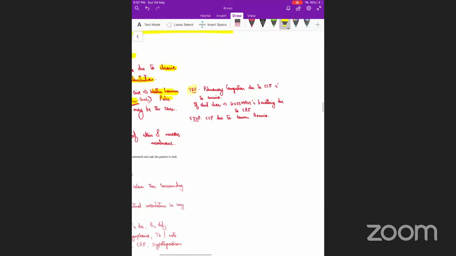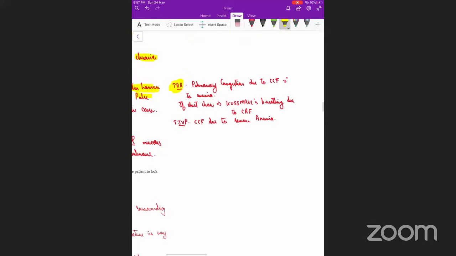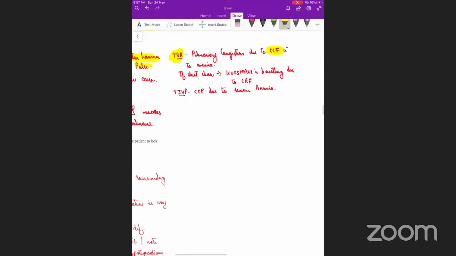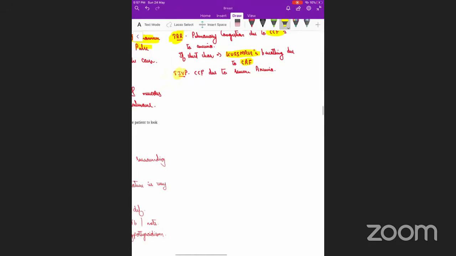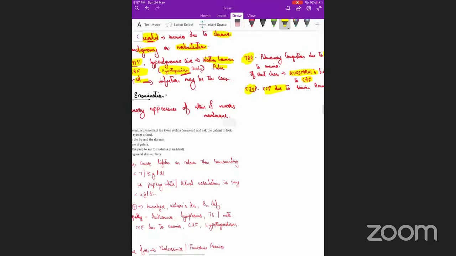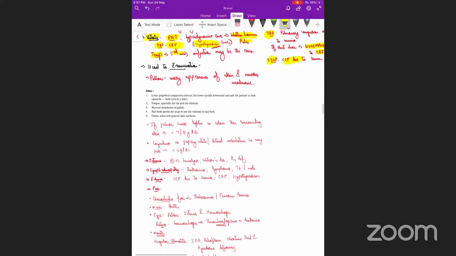If respiratory rate is increased, we can think of pulmonary congestion secondary to CCF. Since one of the complications of anemia is CCF, that can lead to pulmonary congestion, which will lead to basal crepts. Then you can think of Kussmaul's breathing in case of chronic renal failure, or increased JVP due to CCF again. So these are the things you look for in the vitals.